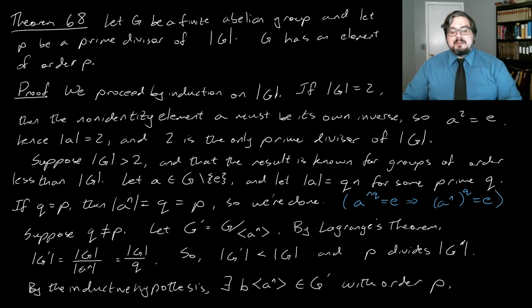In particular, since p divides the order of G prime, there exists some element of G prime with order p. Now, all the elements of G prime look like B times the cyclic subgroup generated by A to the n, where B is an element from G. We're going to use this element in order to find our element in G with order p.